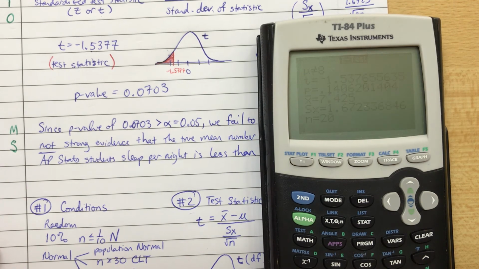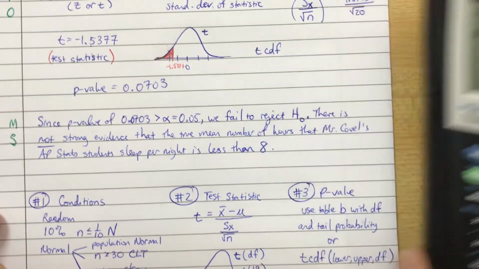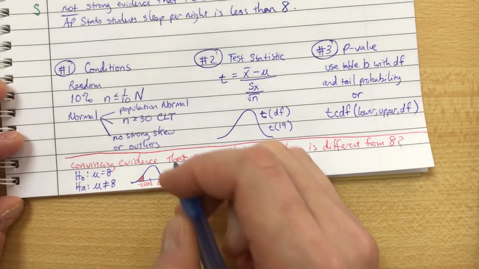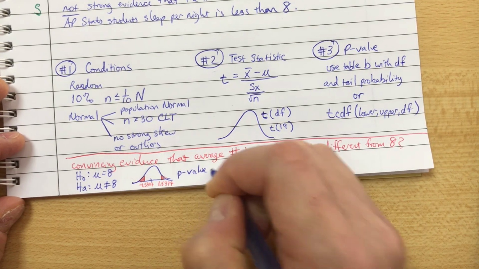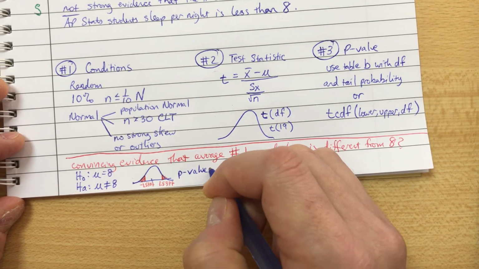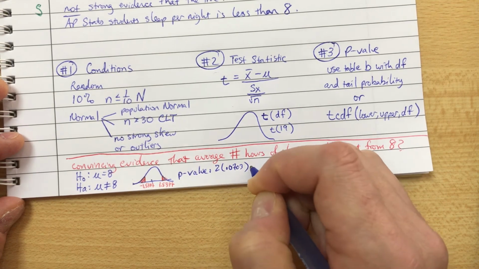If we take 0.0703 and multiply by 2, because the areas will be the same, they're just on different sides of the distribution, notice we get 0.1406. Okay, so if that happens, if you're doing this using the curve, using cdf, you just take your p-value and you multiply by 2.